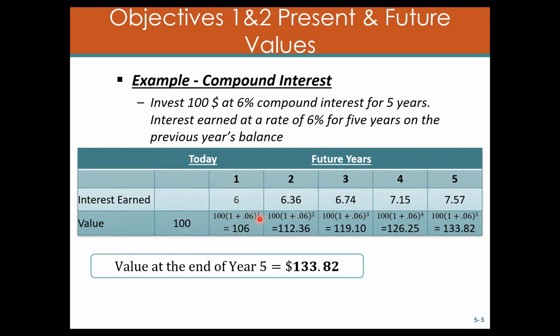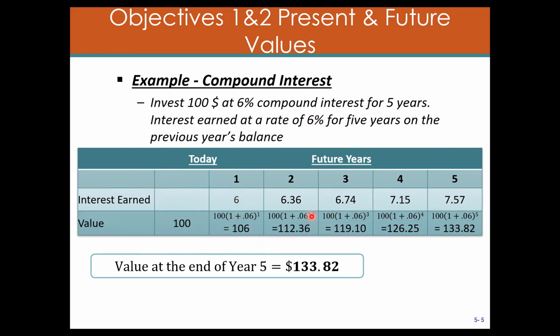Look, this is the future value factor, 1 plus r to the power t. My t is 1. r is 6%, the original 6%. This will stay throughout. So 1.06 to the power 1 times 100 is 106.